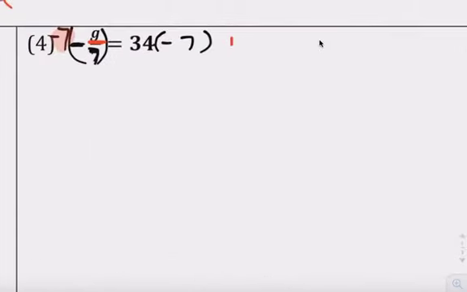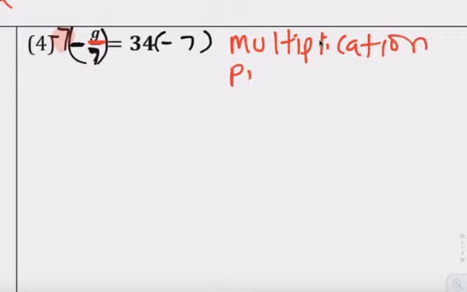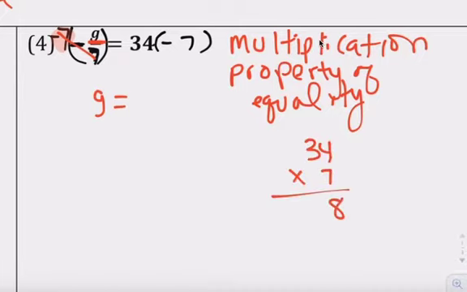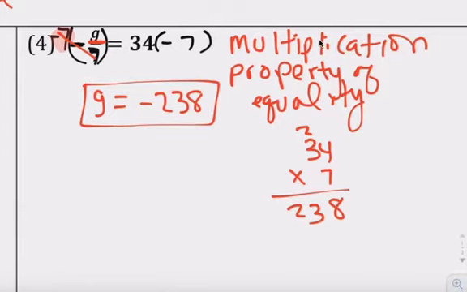This is called the multiplication property of equality. G equals, multiply 3 times 7, 28, carry 2, 23, negative 23/8. That's your answer. A positive and a negative is a negative.